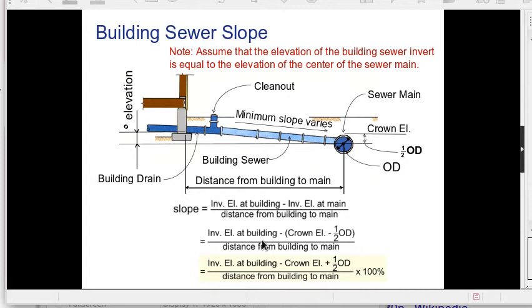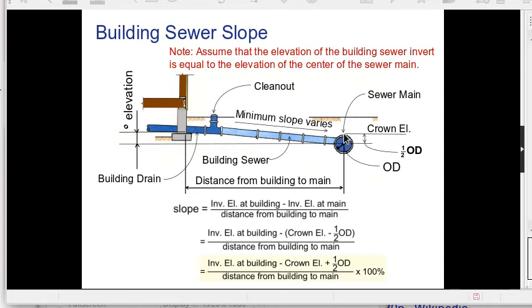So we're looking at the invert elevation at the building. That's the bottom of this pipe, minus the crown elevation. Then the crown elevation is the invert elevation of the sewer main plus the outer diameter of the pipe. So we're looking at what's the elevation of the top of the sewer main.